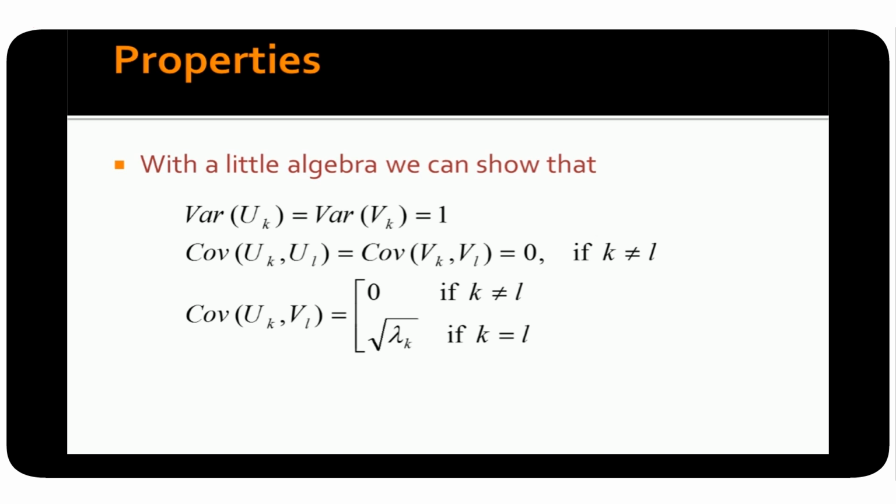So, only when uk and vk have the same order, you have a correlation which is the canonical correlation of kth order, given by square root of lambda k. This result can be proved using certain matrix algebra techniques, which are not very difficult, but we will not be doing the proof here. Instead, let us look at some of the other results.